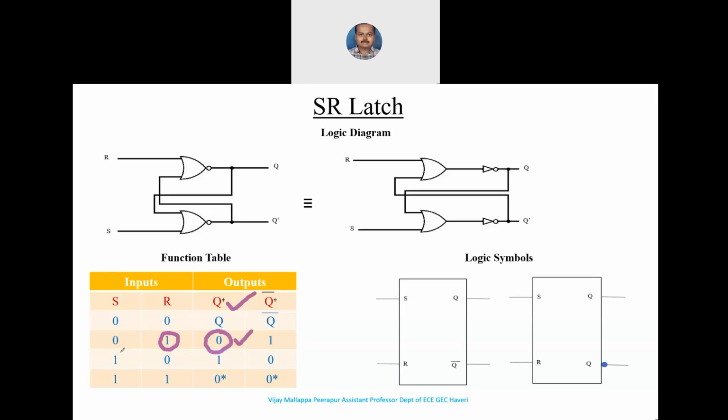Similarly, if S is 1, which is the set state, irrespective of the previous state, the next state is always equal to logic 1. If S is 1, R is 0, the output is always equal to 1 here. And when both S and R are 1, it is the forbidden state, or we call it an undefined state here. Have you understood about this?